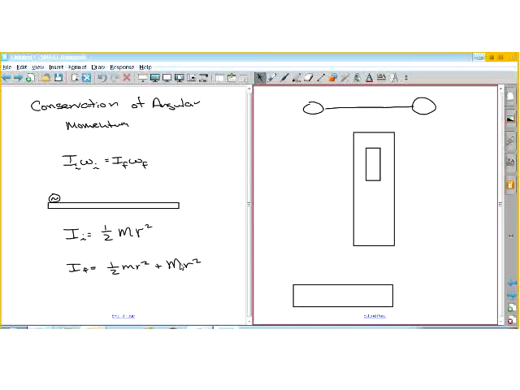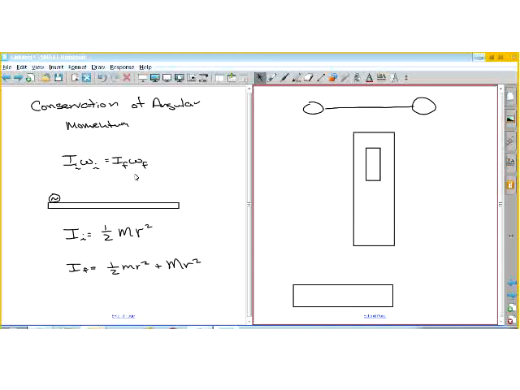They're considered point masses, but as the radius is reduced, the thing spins faster. Or if I let the rope slip through my hands, then if these went further apart, they'd slow down.